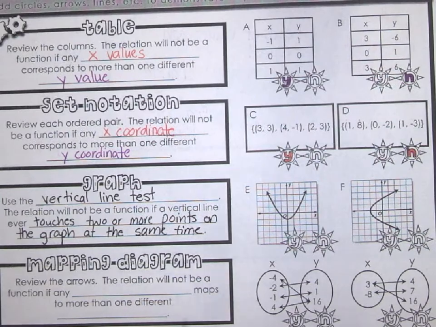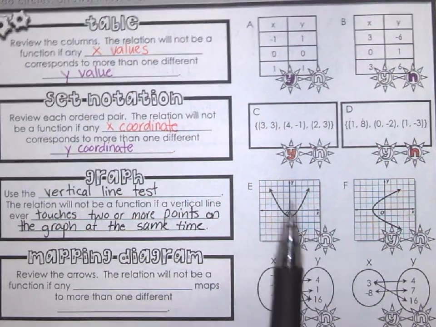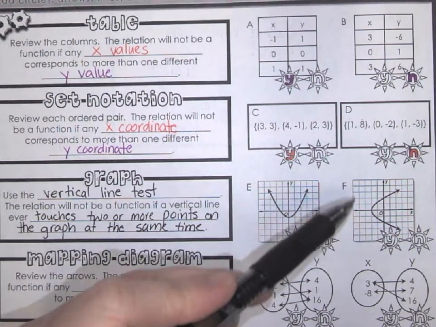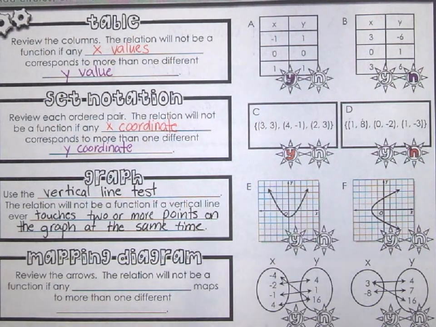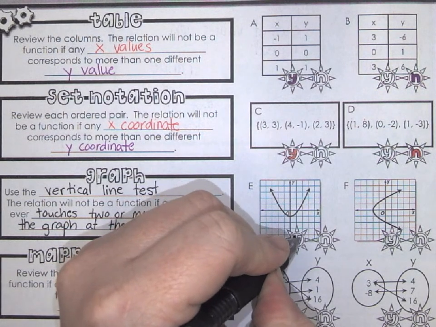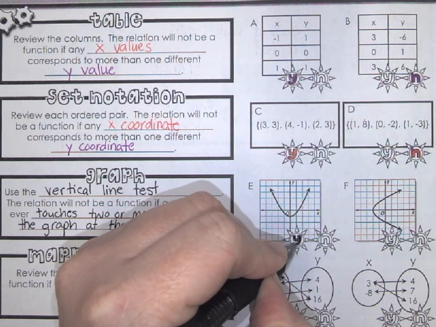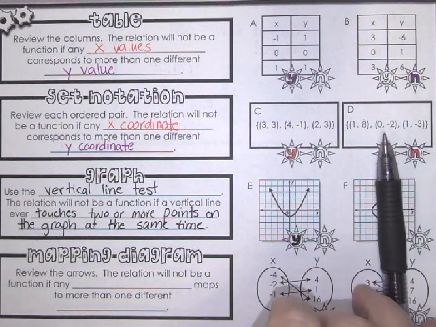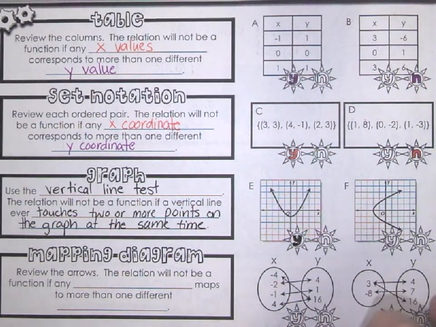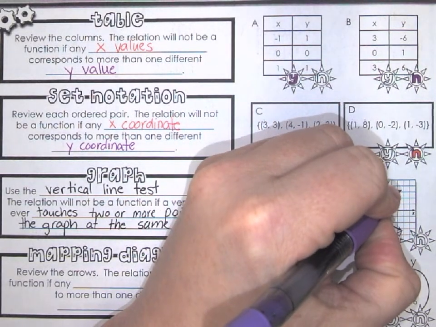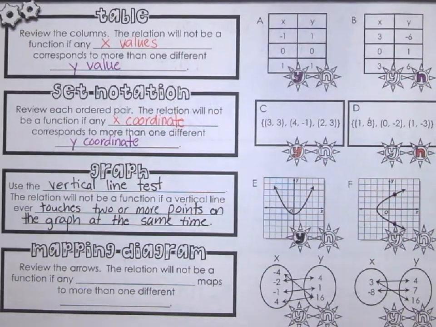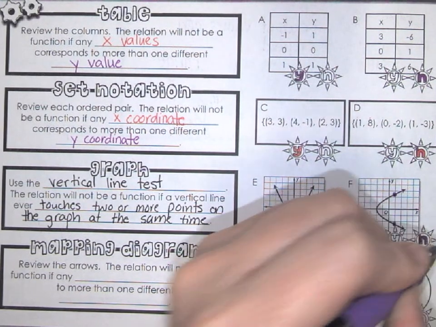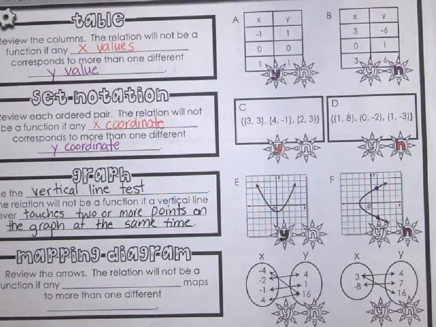So if you take your pencil or ruler and you go from left to right over the graph, here, even though it's a curve like this, that's okay, we don't touch more than one. So this one is going to be a function. Here, you can see that if I put the pencil down, I do cover multiple spots, same x's, different y's. So this means it is not a function.